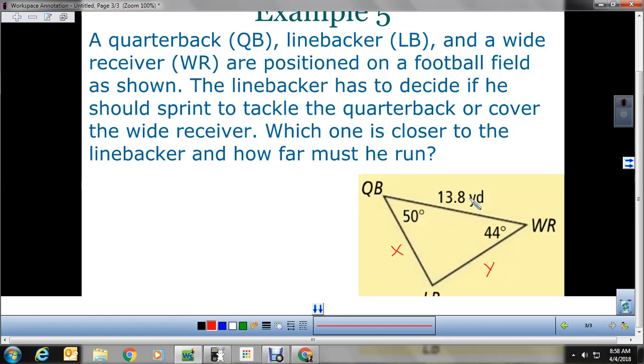But how far is it? In order to do this, we need to find this angle measure here at the linebacker. If we add 50 and 44, that gives us 94, and subtracting from 180 gives us 86 degrees. So our completed ratio is the sine of 86 over 13.8.